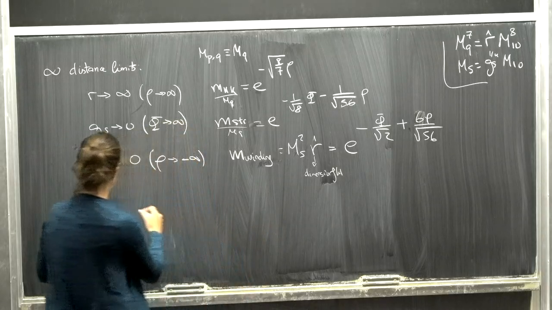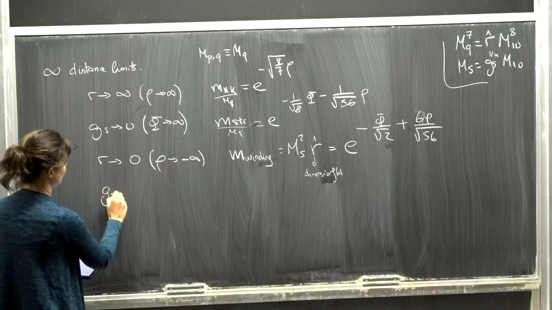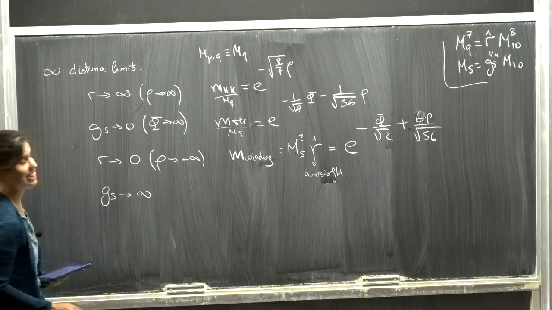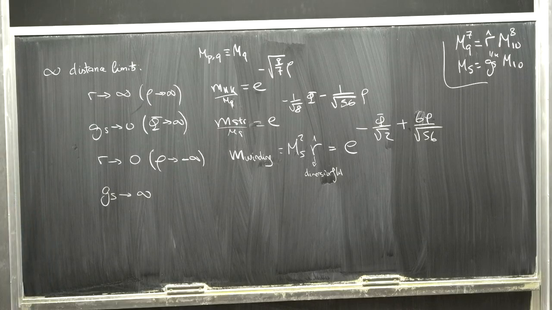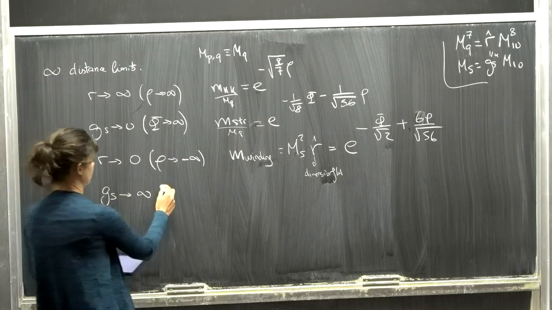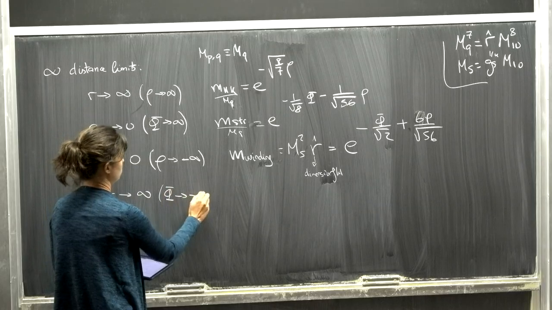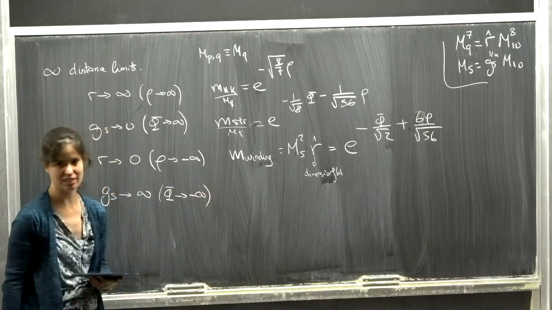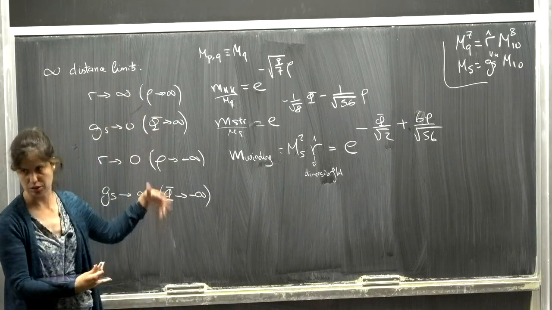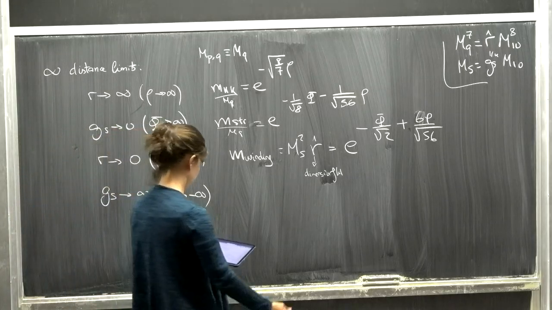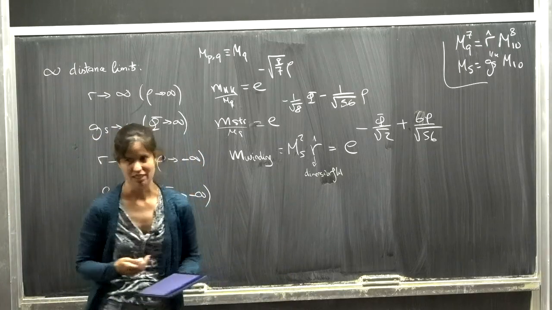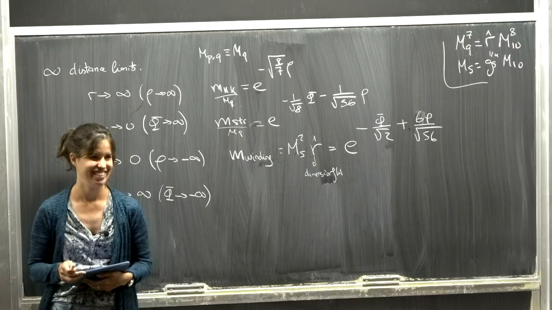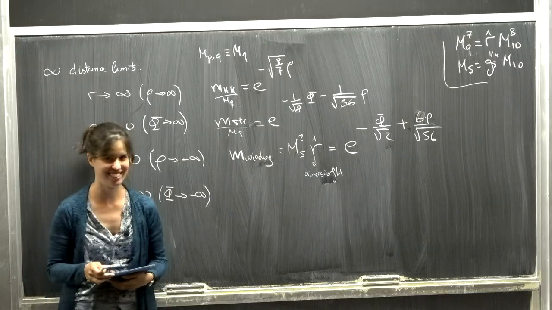Good. And the other infinite distance limit that we have is gs going to infinity, right? Because that also corresponds here to phi going to minus infinity. That's also at infinite distance. And of course, any combination of these. And then, what is the tower now? You saw it in the previous lecture, actually.